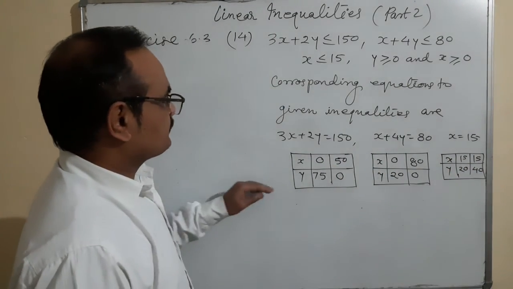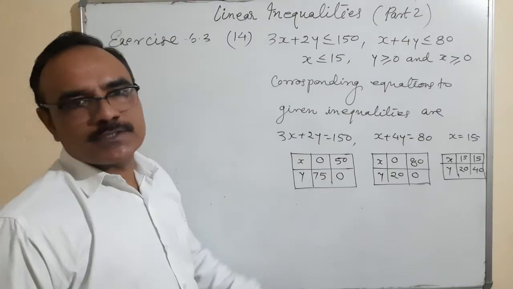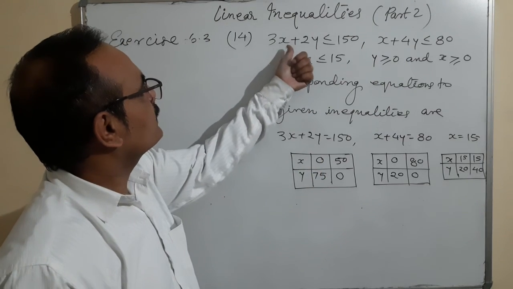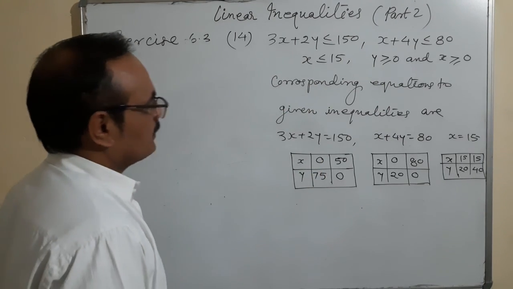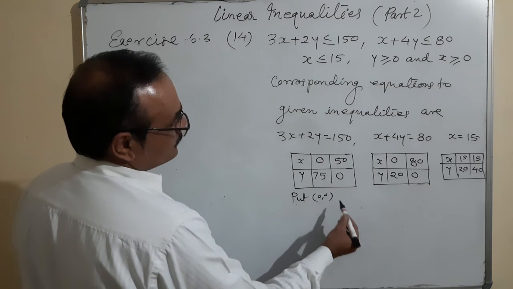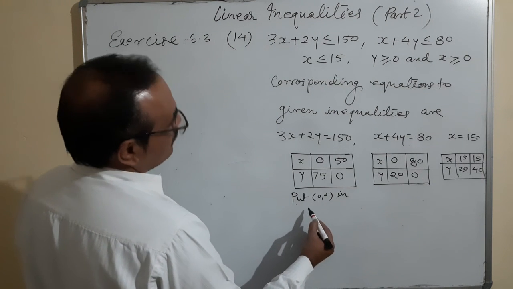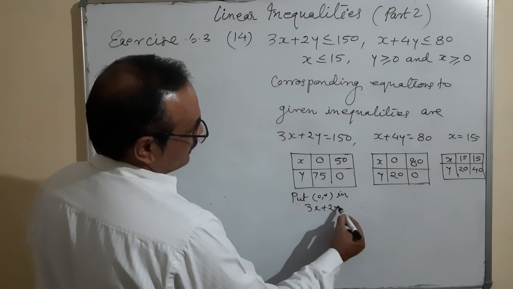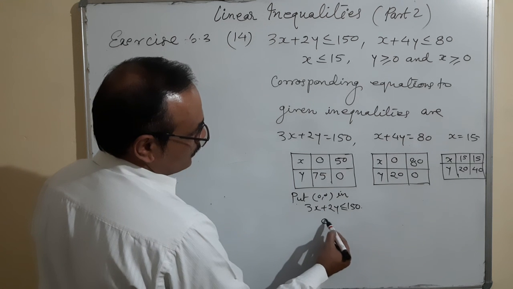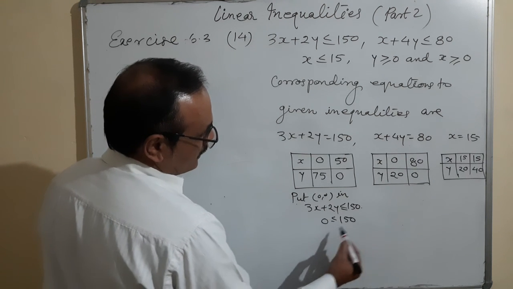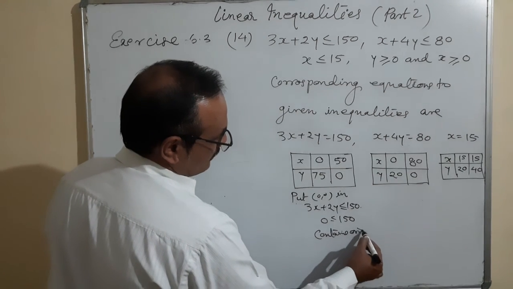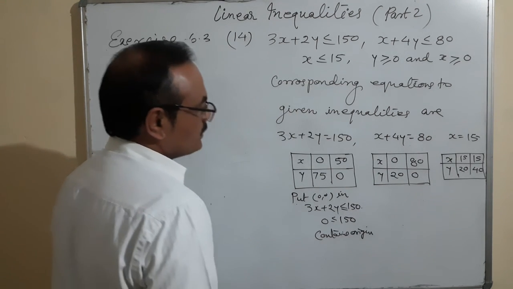Now let us check whether each contains the origin, yes or no, that also we are going to check here only. This is the inequality 3x plus 2y is less or equal to 150. So I'll put 0, 0 in 3x plus 2y is less or equal to 150. What is it? 0 is less or equal to 150. Contains origin.